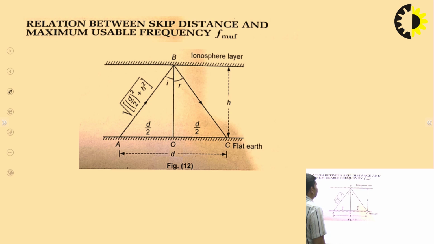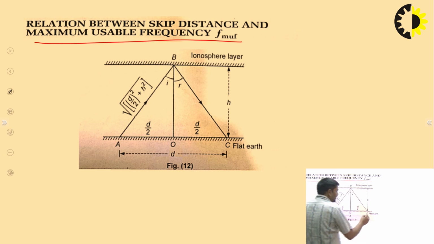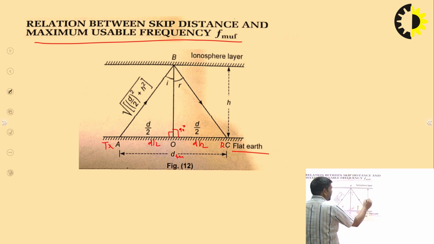So what is the relation between the escape distance and the maximum usable frequency? We calculate for a flat earth, assuming that the earth is flat. This is the transmitter and this is the receiver, and this is the escape distance d, and this is 90 degrees. So this is d by 2 distance, this is d by 2 distance, and this is the virtual height, or the height where the sky wave is reflected back.